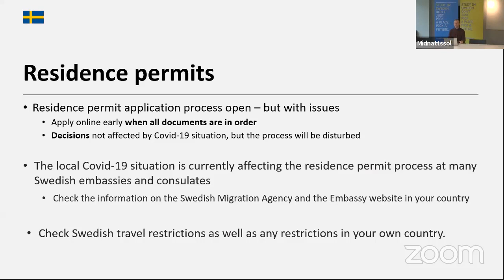And at the moment, there's a lot of problems for this part because Swedish embassies might be closed or you might not be able to travel within your country. So this process, there's a lot of issues and this is different for different countries. So you really need to check the Swedish Migration Agency website and the Swedish Embassy in your country's website. I have some links for you after this slide.